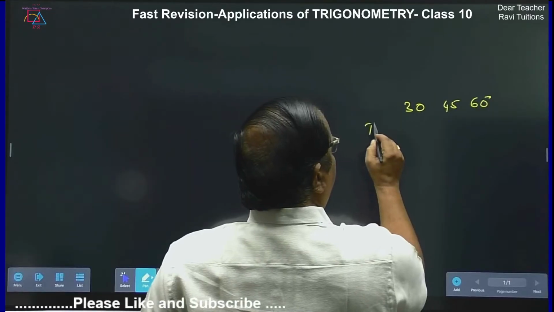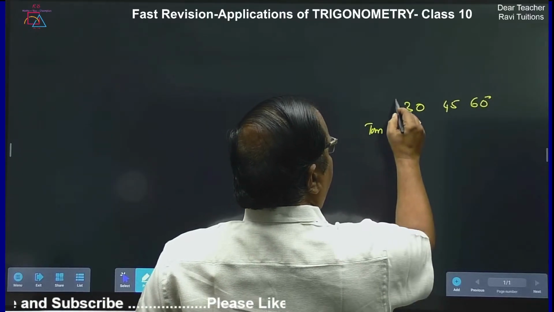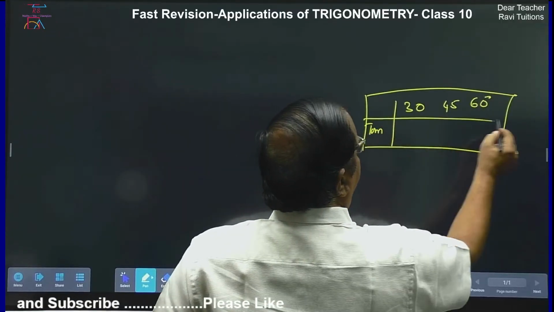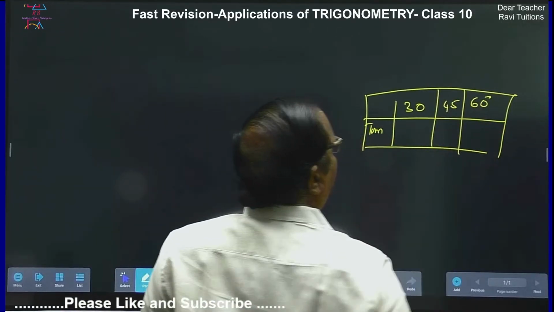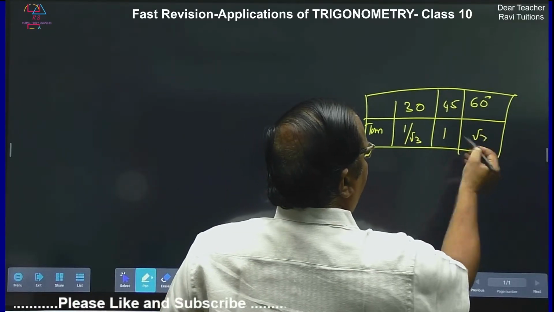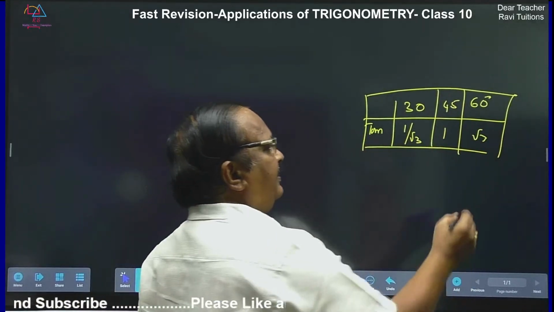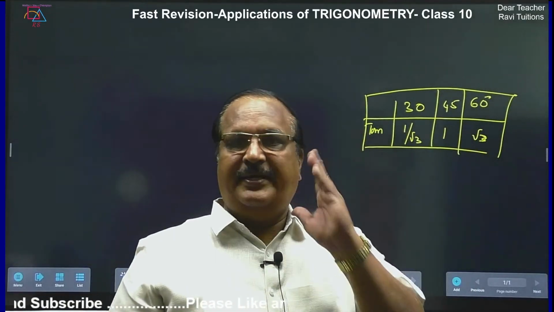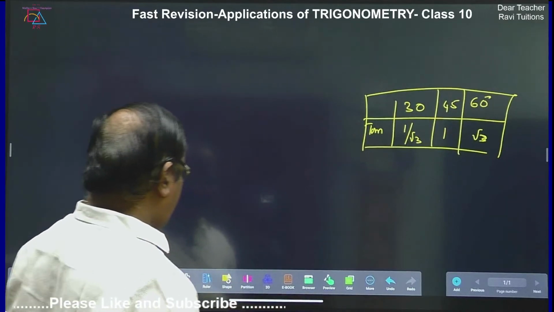In this you have to learn tan, that's it. Okay, these 3 values. So tan 30 is 1 by root 3, tan 45 is 1 and tan 60 is root 3. If you remember only these values, you will get full marks.